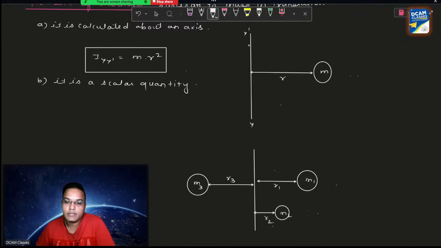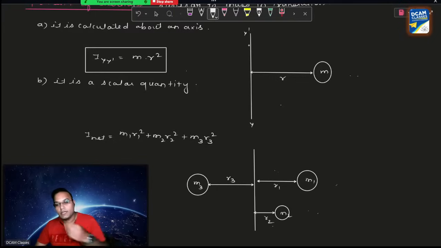Now in this case, the moment of inertia I net will be equal to m1 r1 square plus m2 r2 square plus m3 r3 square. What we have done, we have calculated the moment of inertia of each body about the axis, and then added them.